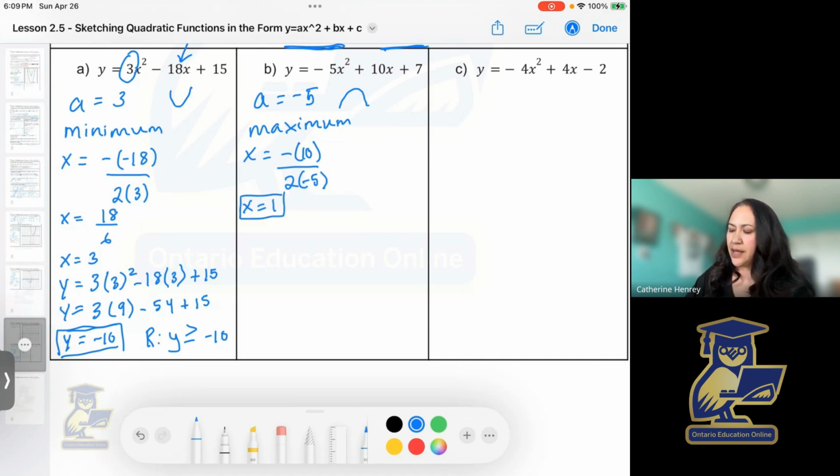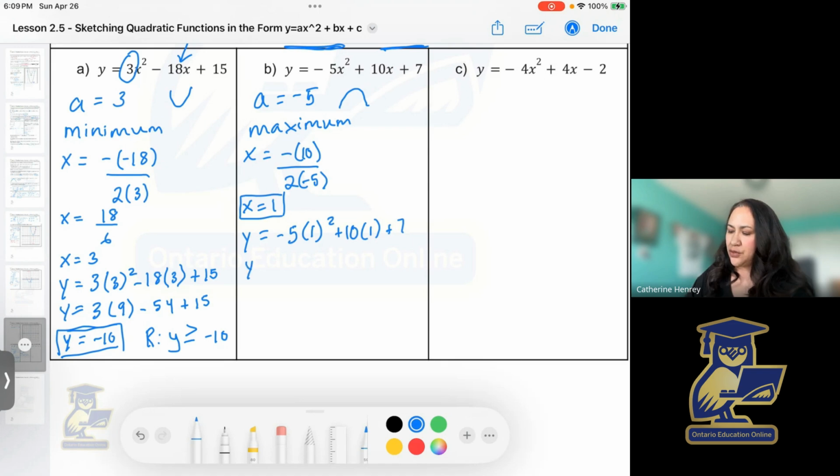And we're going to plug that into the function to find the y value of the vertex. That's going to be -5 times 1 squared plus 10 times 1 plus 7.